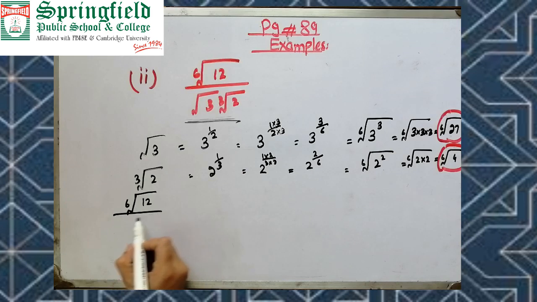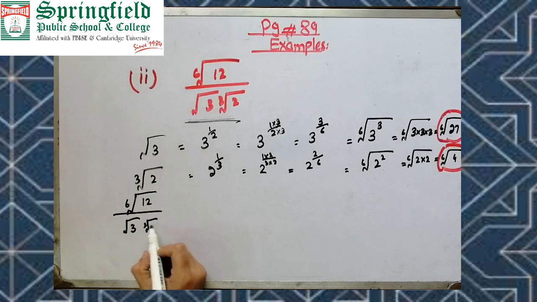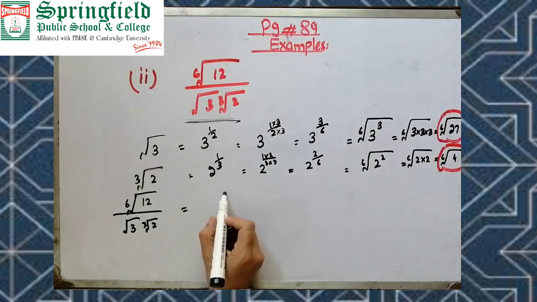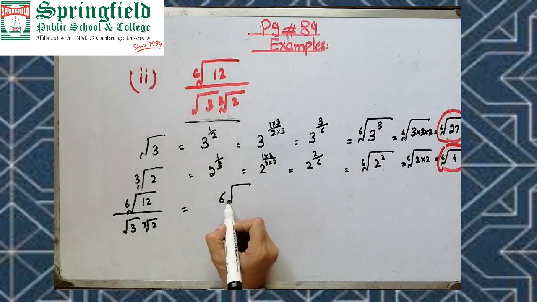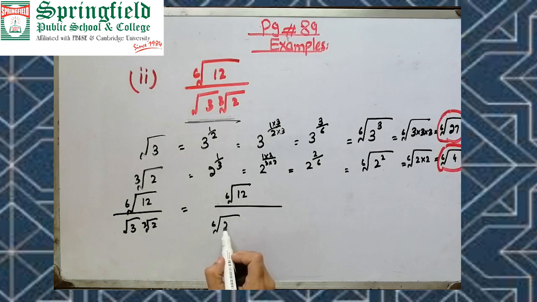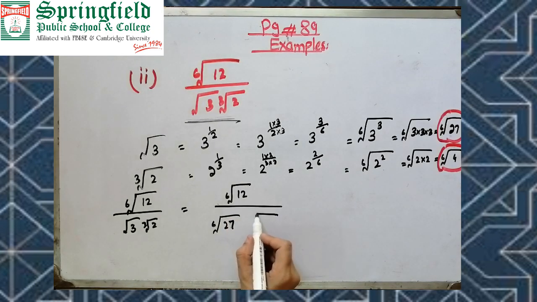The 6th root of 12 divided by the square root of 3 and the cube root of 2 is equal to the 6th root of 12 divided by the 6th root of 27 and the 6th root of 4.